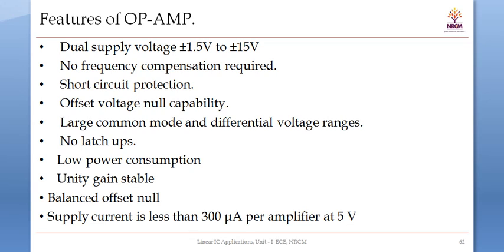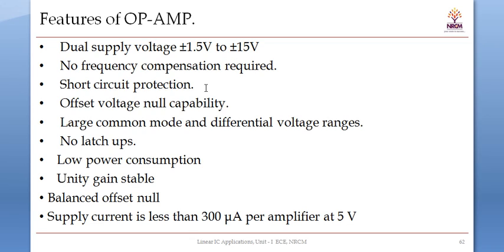This network is generally outside of the op-amp for the first generation, but for later generations these resistors and capacitor networks which are required to control the gain are fabricated inside the IC. So there are no external resistors and capacitors required to control the gain. That's why no frequency compensation is required here.